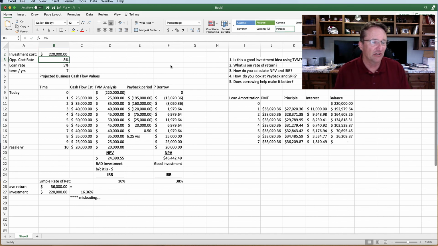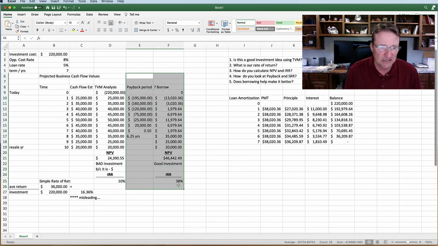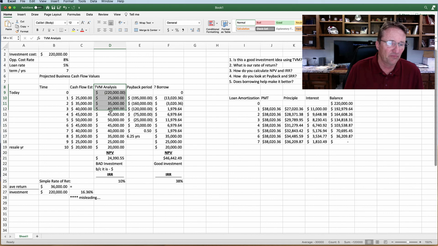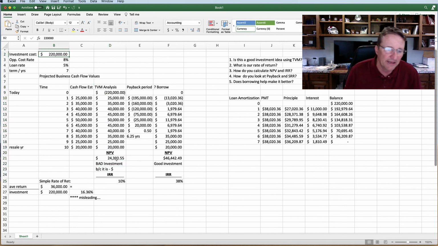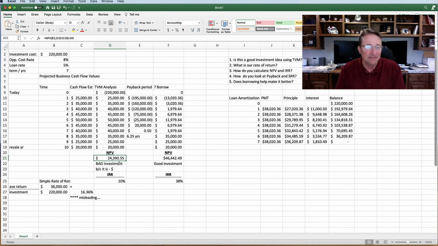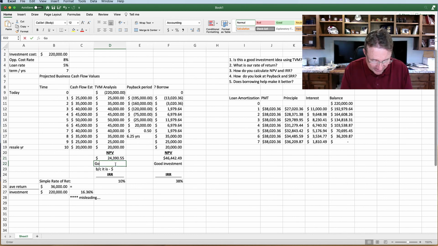And so actually, if you don't borrow, so you can skip that borrowing, if you just pay the money up front, if you can negotiate from 250 down to 220, it actually becomes a positive net present value. So now this is a good investment, and you can see that the IRR is higher than our opportunity cost. So negotiating a little bit up front might make this a better investment.